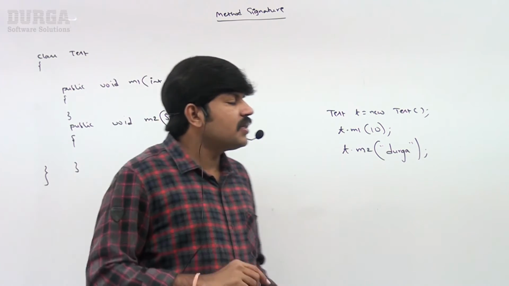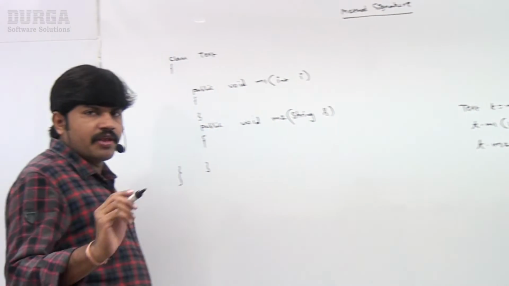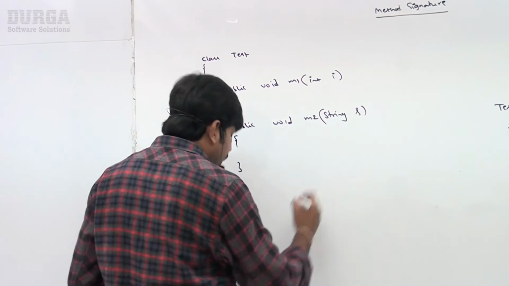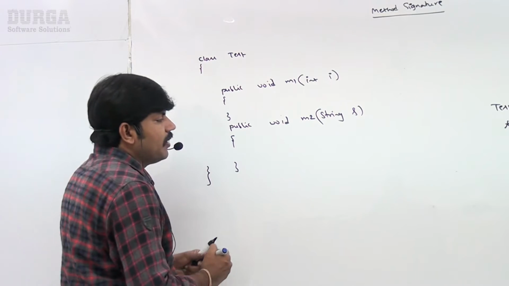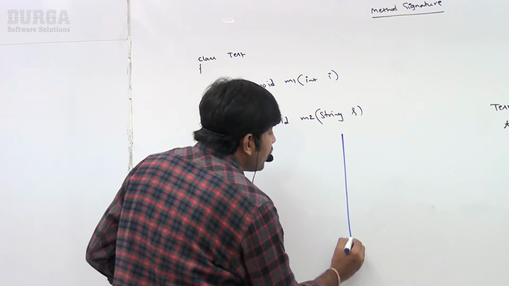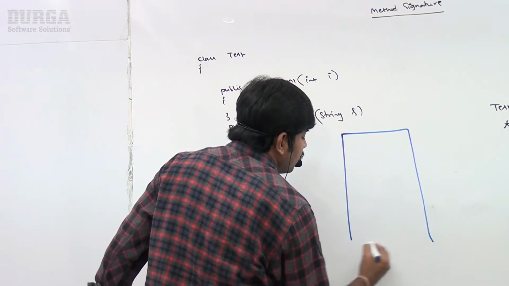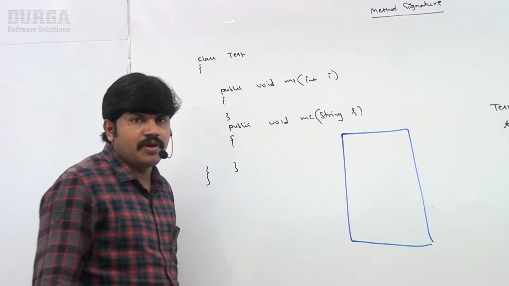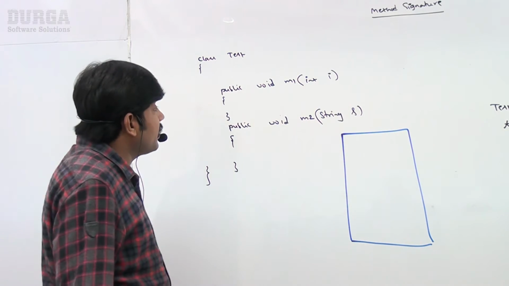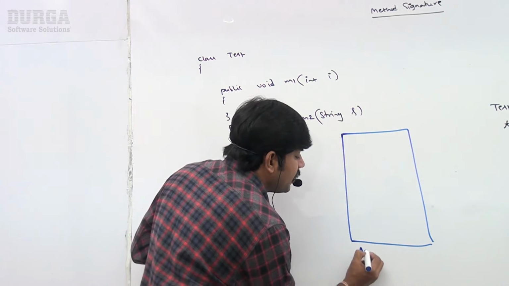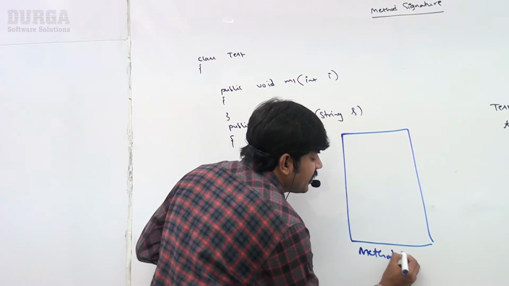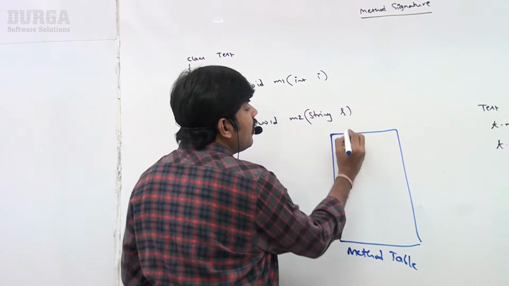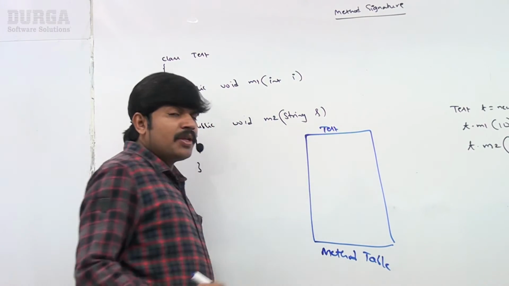Remember this one. For every class, the compiler will maintain one table, which is called the method table. For the Test class, how many methods are there?